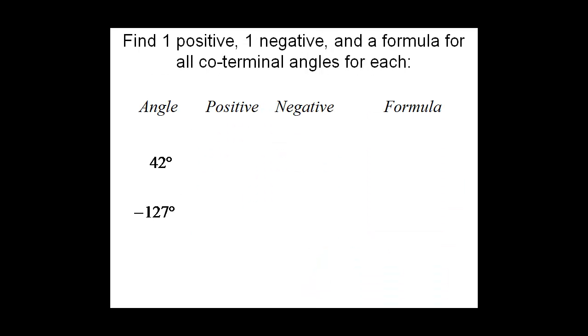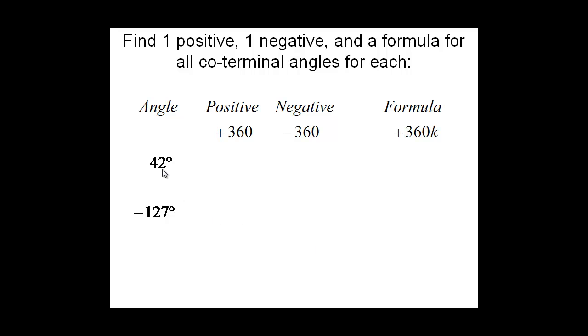Okay, suppose you have 42 degrees. If we want a positive angle, we're going to add 360. If we want a negative angle, we're going to subtract 360 multiple times if we need to. And then there's a formula you can use to generate everything, and that is take 360 and put a k next to it. That just means 360 times any integer you want, once around, twice around, negative, going backwards, whatever it is.